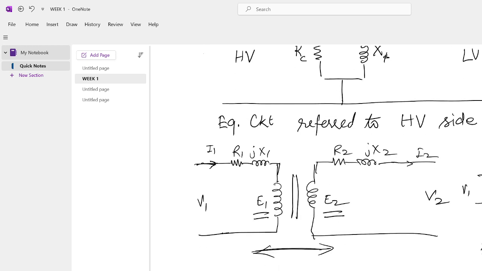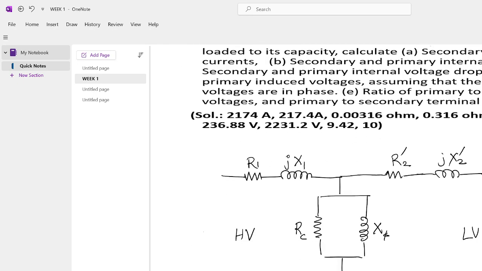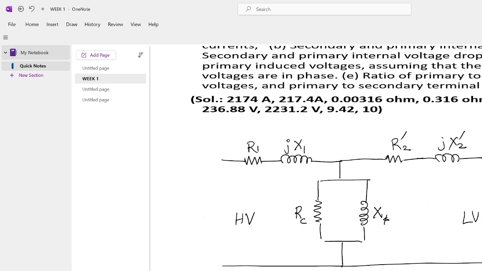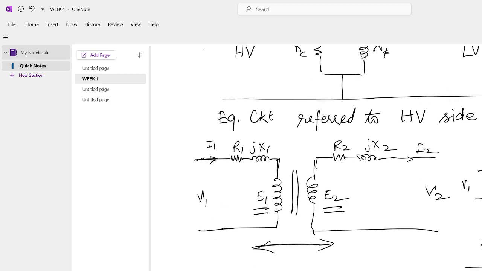You may have seen people representing low voltage transformation ratio, high voltage transformation ratio and so on, but whenever someone gives you A or N as the transformation ratio, it will be the number of high voltage turns upon the number of low voltage turns. Now we need to have a connectivity between this circuit.